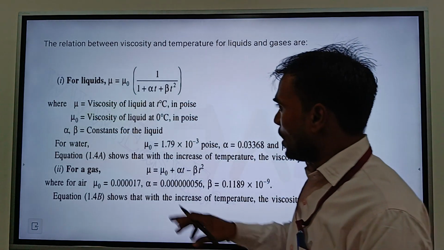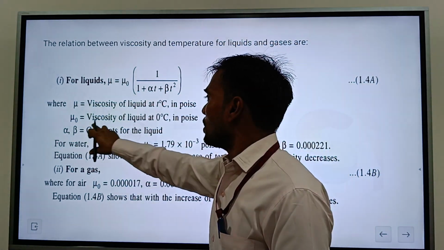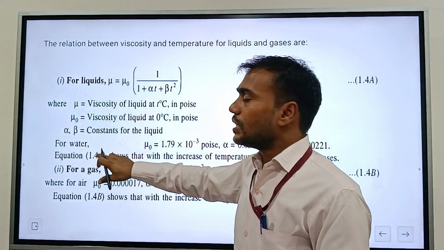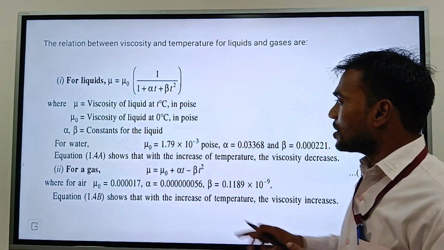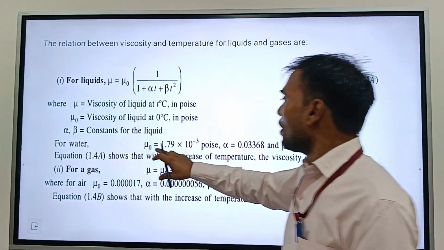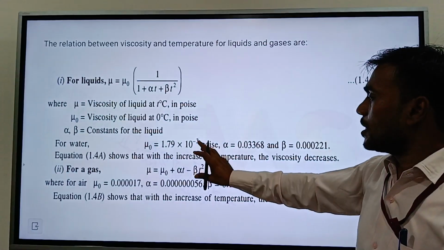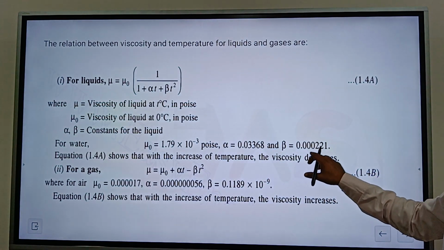Where mu is the viscosity of liquid at T degree Celsius, mu naught is the viscosity of liquid at 0 degree Celsius, and alpha and beta are constants for the given type of liquid. If we consider water, then mu naught is 1.79 into 10 raised to the power minus 3 poise. Alpha and beta have the constant values as mentioned here.